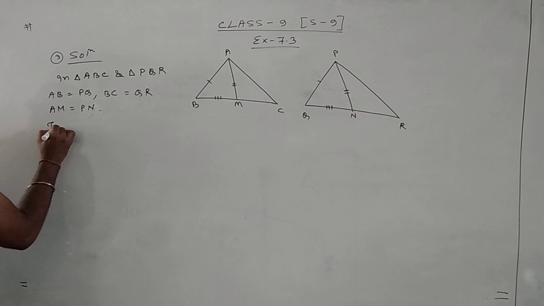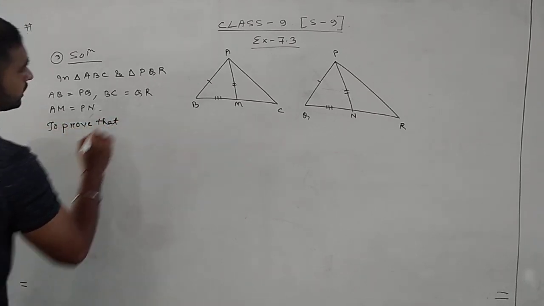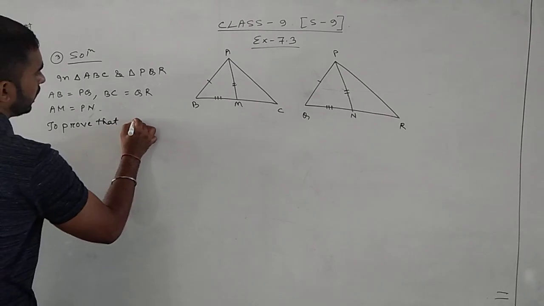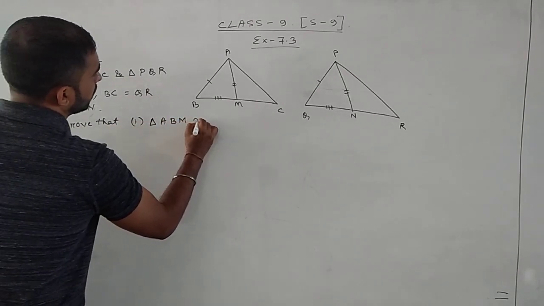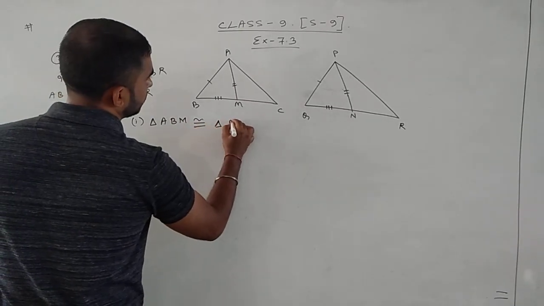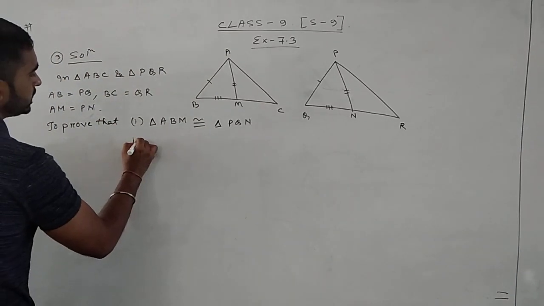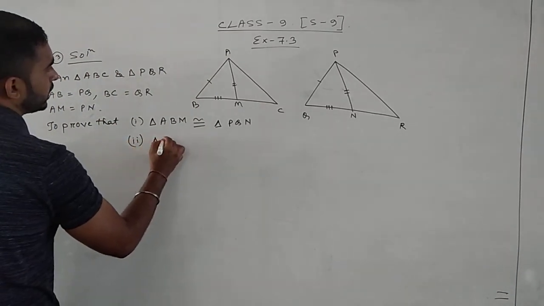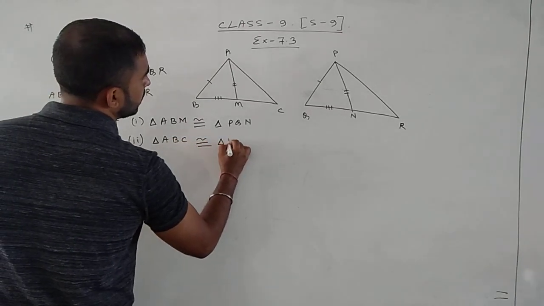To prove that, number 1, triangle ABM congruent triangle PQN. This is the first question, and the second question is triangle ABC congruent triangle PQR.